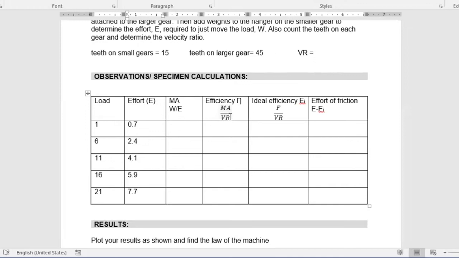It's the same as what you did for the rack and pinion. Then the ideal effort, EI, you fill up by the load over velocity ratio. Then the effort of friction, that is E minus EI. This column also you can fill up.